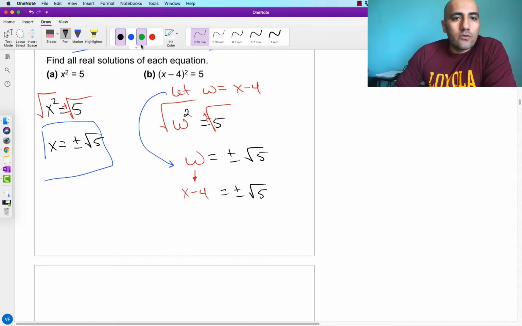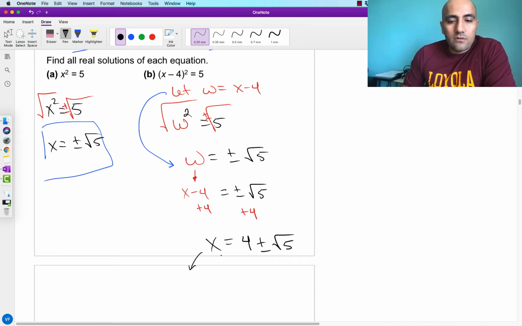And now all we have to do is add 4 to both sides, plus 4, plus 4, and that gets us to our answer: x equals positive 4 plus or minus root 5. So again, just to be clear, this is a shortcut notation to indicate two separate answers. One answer is from the plus, so that'll be 4 plus root 5, whereas another answer is going to be 4 minus root 5.